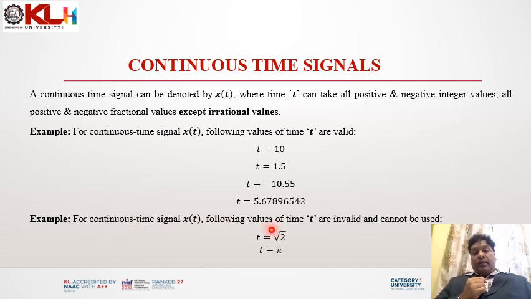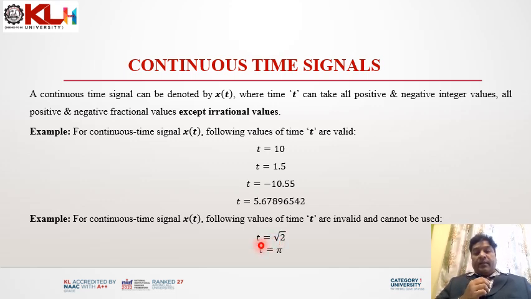Now what are the values of time that are not valid? If you take irrational values, for example t is equal to square root of 2 or t is equal to pi, these are irrational values, and hence that is not a valid value of continuous time, because time has to be precise.